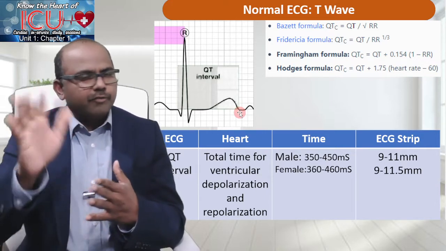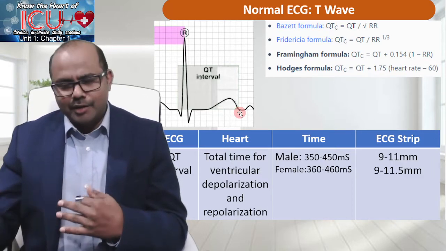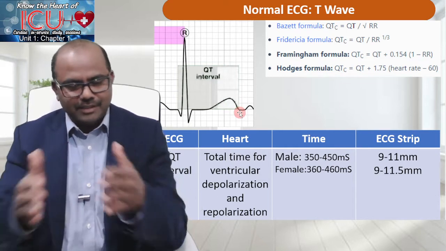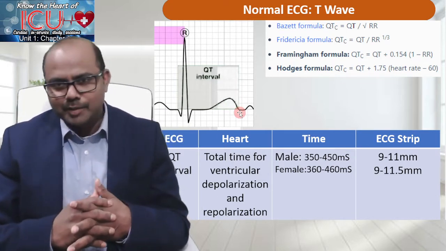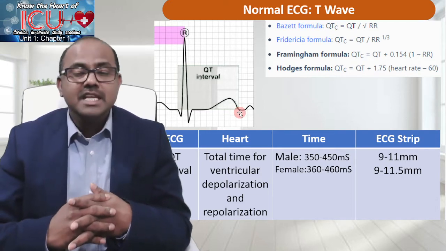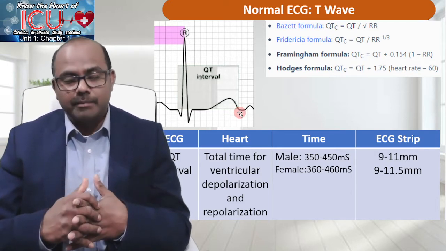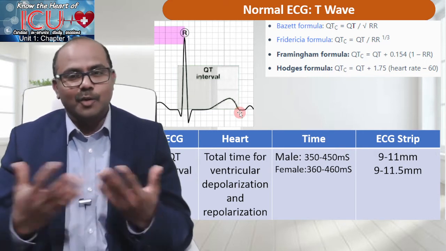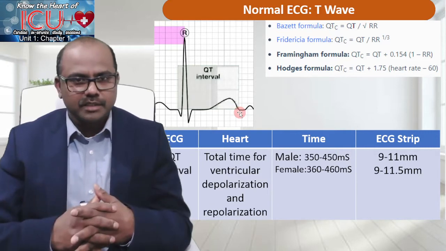There are 4 formulas available, but don't look at the formulas. You will get the QTc in your ECG. The QTc is automatically calculated by the machine, so you don't have to worry about the calculation formulas. Or if you want to calculate, you can divide the QT interval by the square root of the RR, or the cube root of the RR, then you will get your QTc, but the machine will do the calculation for you.